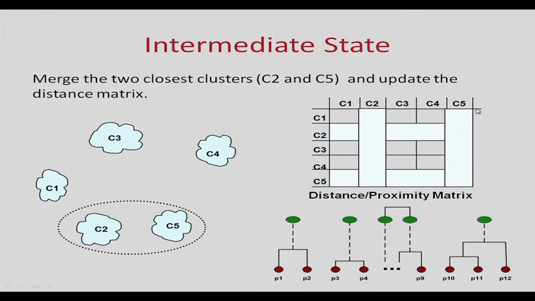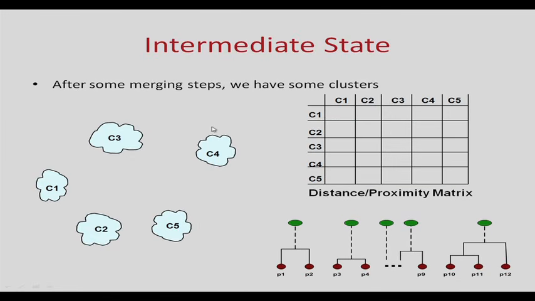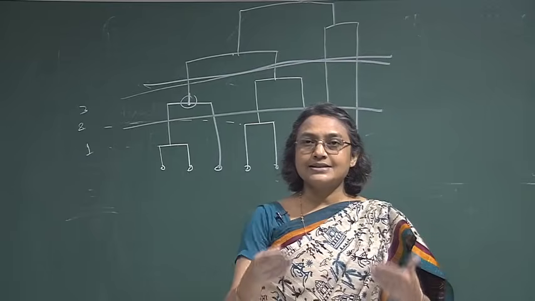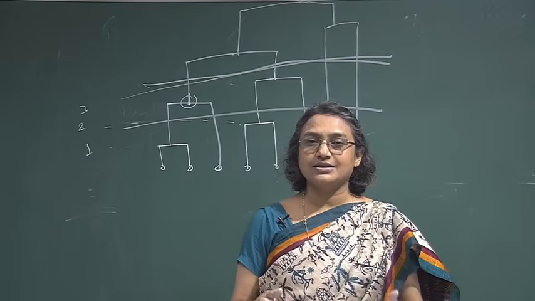Now, suppose we have this proximity matrix, and we find the distance between these pairs, and suppose we find C2 and C5 are the closest. Now, what we will do is that we will merge C2 and C5, so that these two columns and these two rows in the proximity matrix will be collapsed into one row, one column. So, the next step we will have 4 clusters.